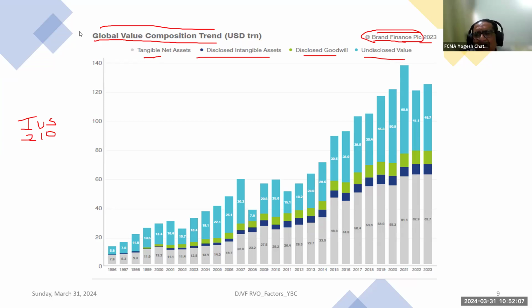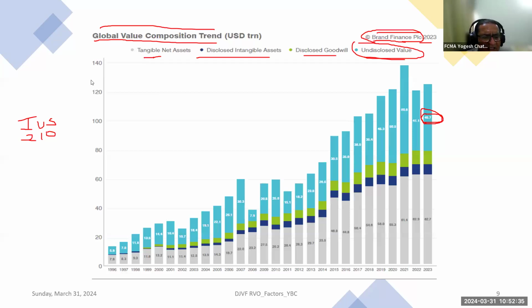Through this color coding, the thing I want to highlight is that around 46 percent of the total value of the listed companies across the world is undisclosed. So you will appreciate that that is a very high value.